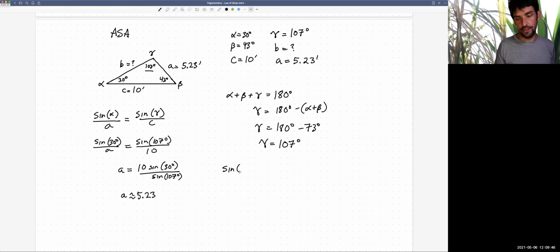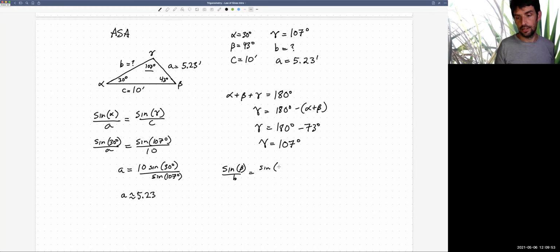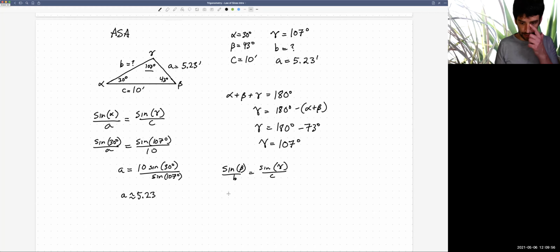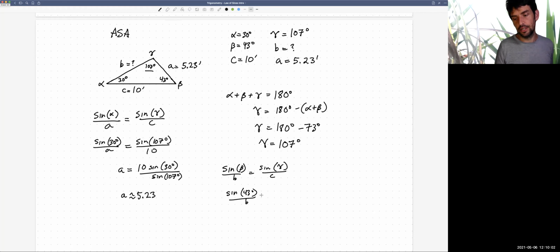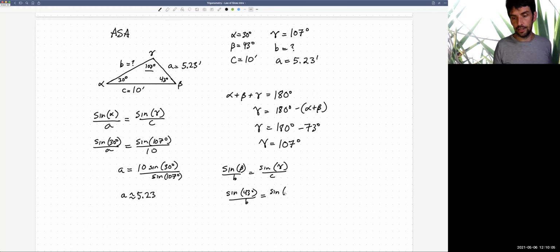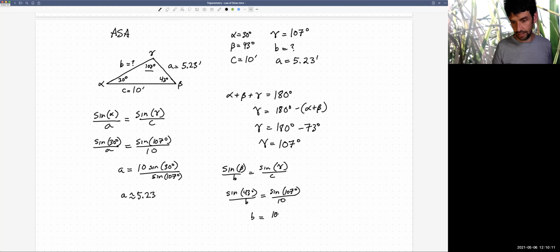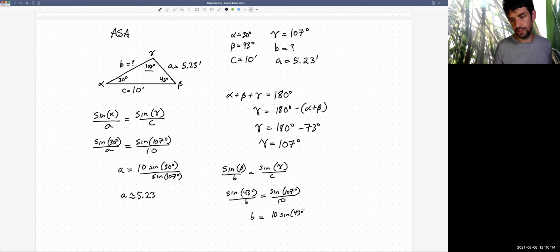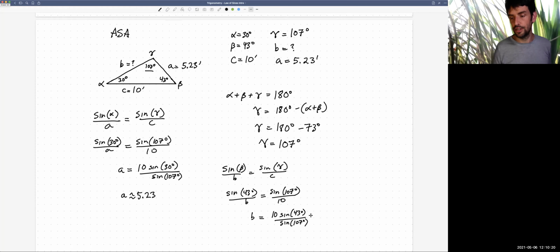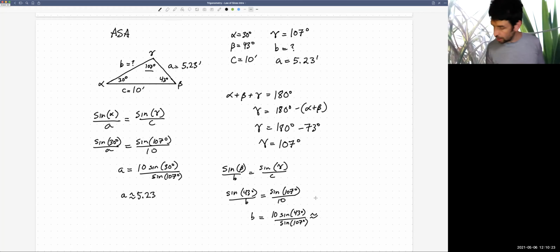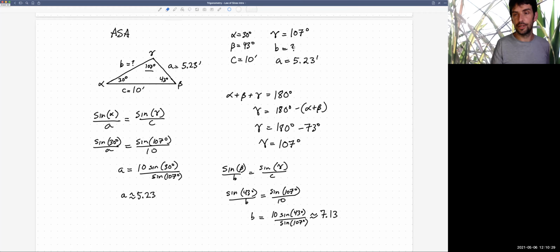We'll have sine of beta over B is equal to sine of gamma over C. So that looks like sine of 43 degrees over B is equal to sine of 107 degrees over 10, which means B is equal to 10 sine of 43 degrees over sine of 107 degrees, which again, in a calculator gives us approximately 7.13. And there is our B value.